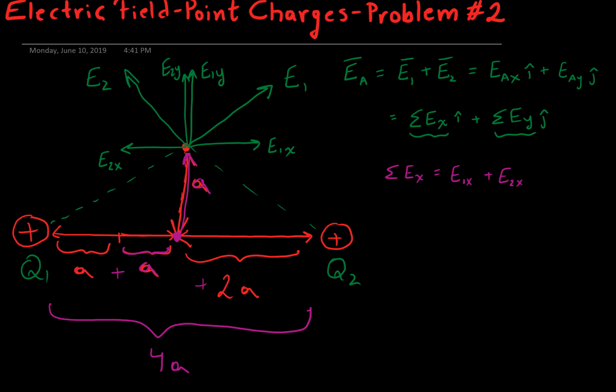And we recognize that these two vector components are pointing in opposing directions, so they're going to subtract. So I change this sign to a minus sign, bearing in mind I am subtracting their magnitudes here to get the magnitude of the net electric field in the x direction.